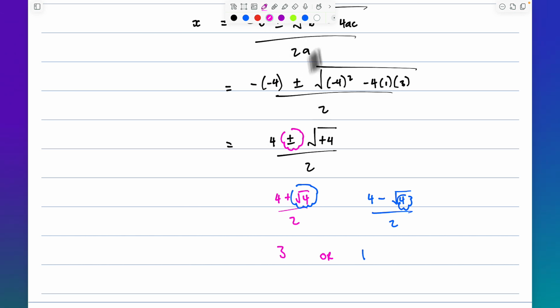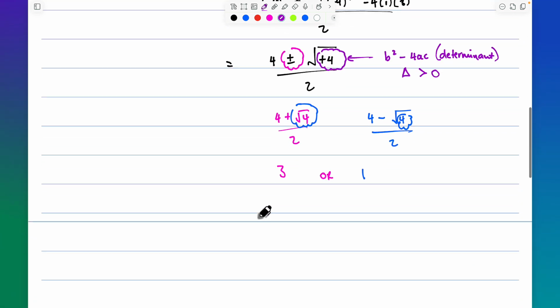The only reason why we're able to get two distinct solutions is because this value that's inside our square root, our b squared minus 4ac, which is called the discriminant, was greater than 0. Right, so your discriminant, this is the sign for discriminant, is greater than 0, which means you're able to get two distinct points, right?